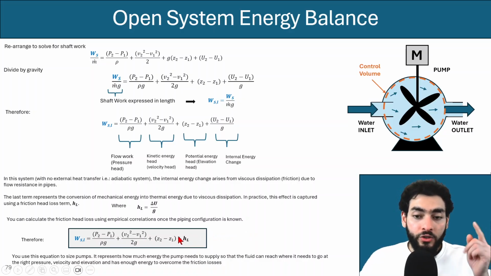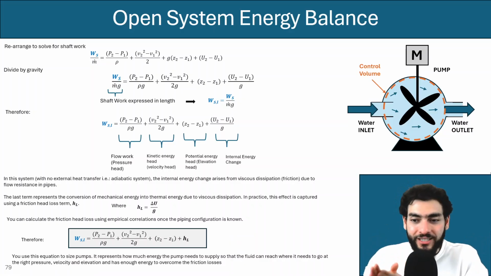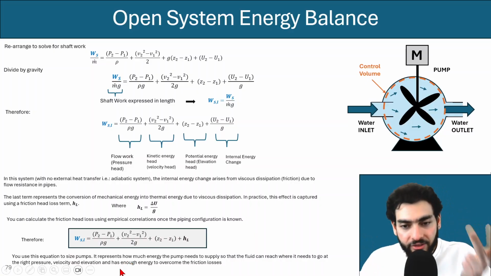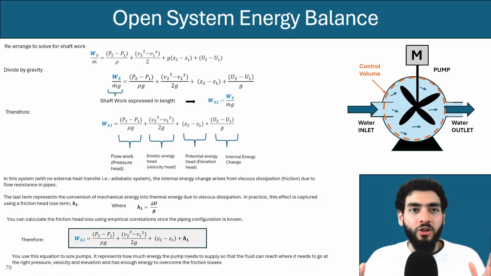Now, you can use this equation to size liquid pumps because it represents how much energy the pump needs to supply so that the fluid can reach eventually where it needs to go at the right pressure, at the right velocity, at the right elevation, and has enough energy to overcome all of the friction losses in the piping that you have.